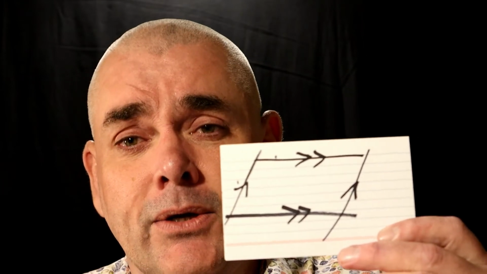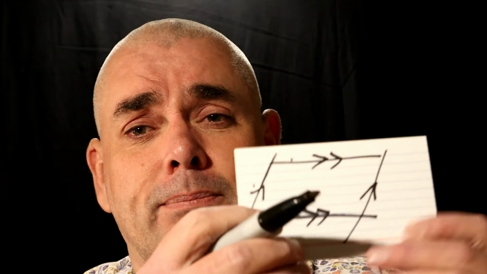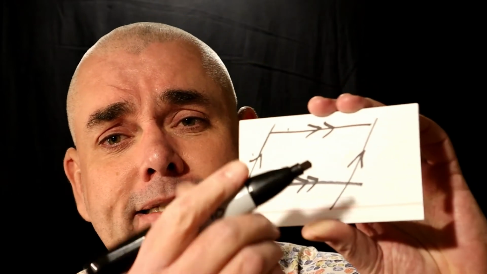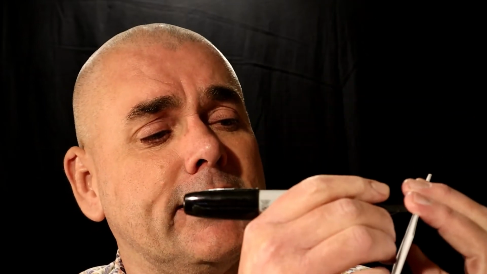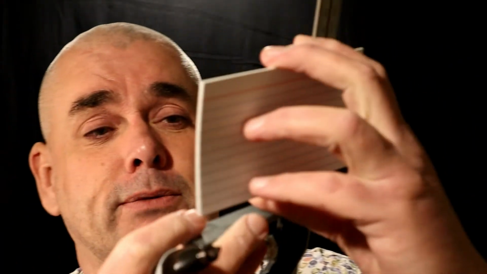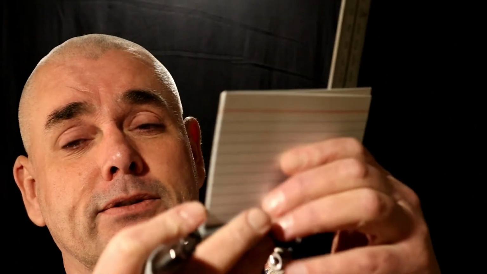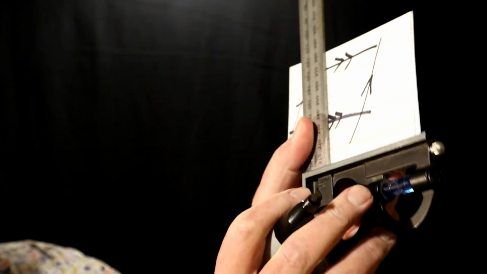So where this idea of perpendicular comes into play is that we want to know, and I'll just turn the card here, and I could actually use my square here and make sure that I do a good job of this and set this up.